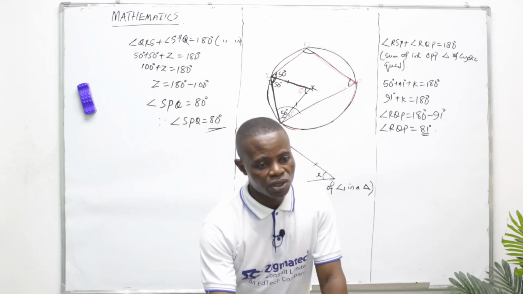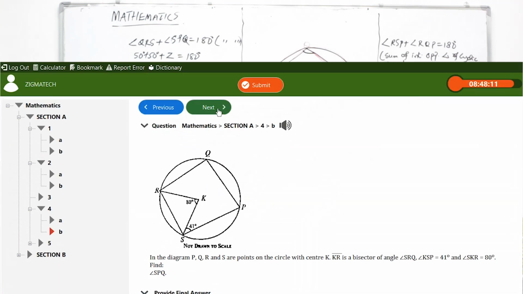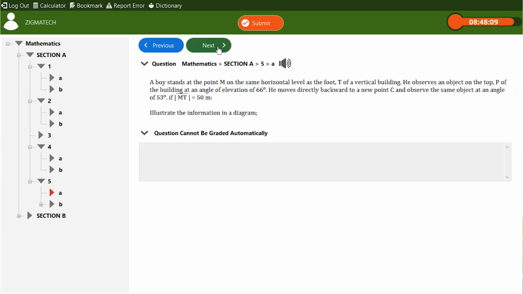Let's go over to question number 5. Okay, question 5. A boy stands at the point M on the same horizontal level as the foot T of a vertical building. He observed an object on the top P of the building at an angle of elevation of what? 66 degrees.